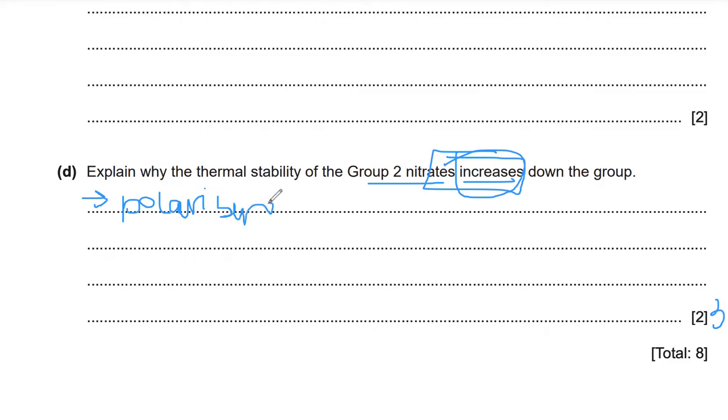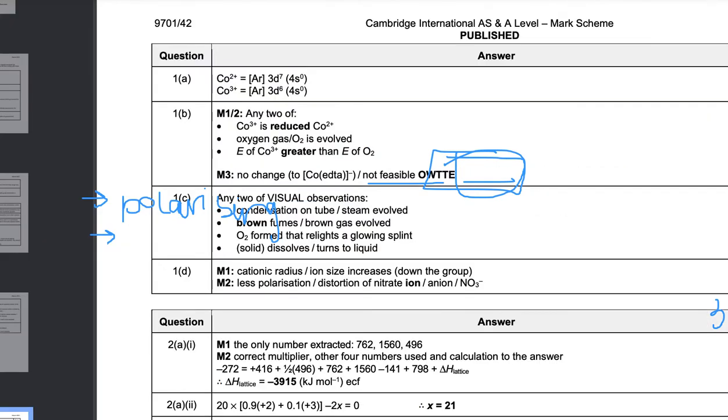Polarizing power decreases down the group, and there are strong bonds forming between them. So a lot of energy is required to separate those bonds. Okay, let's look at the marking scheme, which says, you need to memorize this. So cationic radius increases and less polarization, so the polarization decreases.